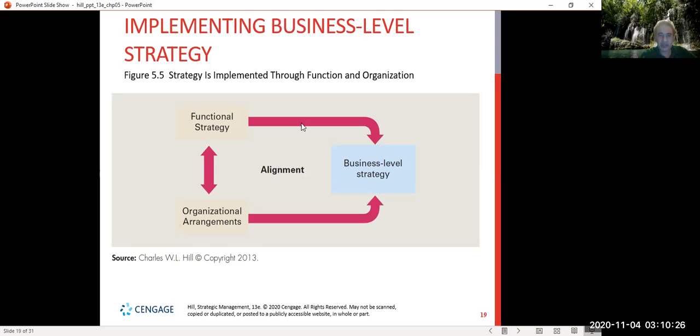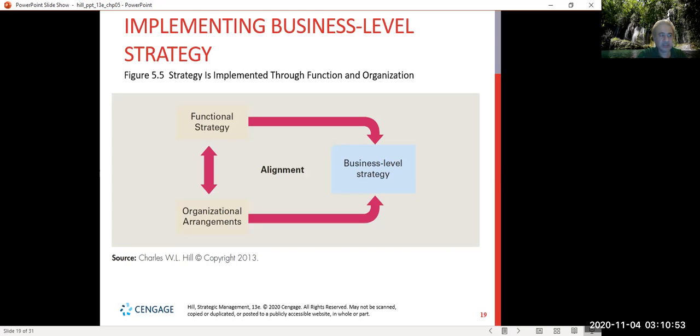Okay, now implementing the business level strategy. Business level strategy is implemented through the functional level strategy and the organizational arrangement. So if you want to get an advantage from the business level strategy, it must be integrated with the functional level strategy and the organizational arrangements.